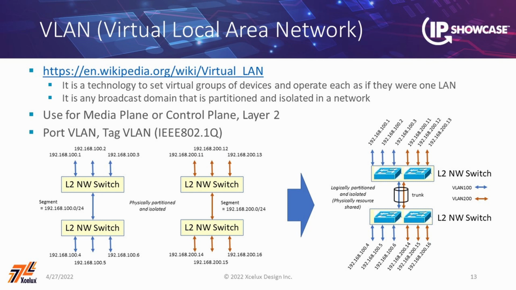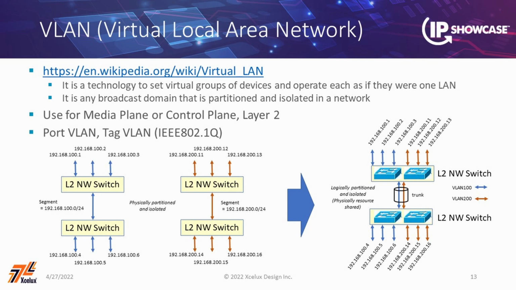We sometimes use a VLAN. It's a virtual local area network. It's a technology to set virtual groups of devices and operate each as if they are one local area network.